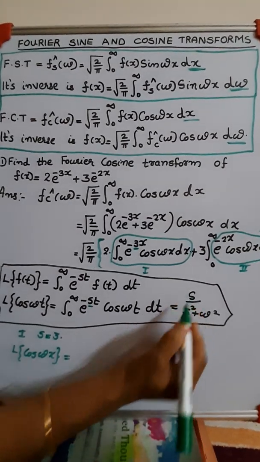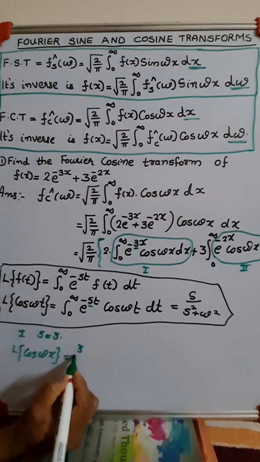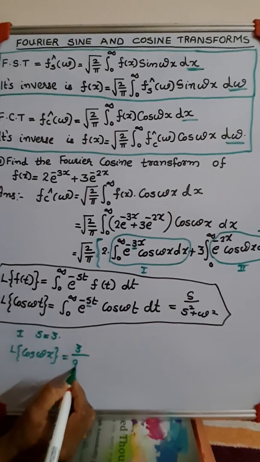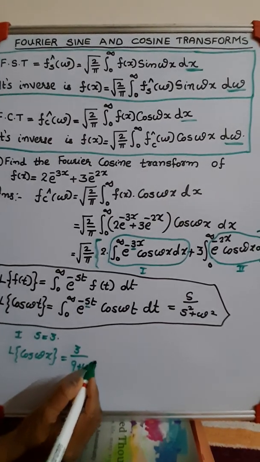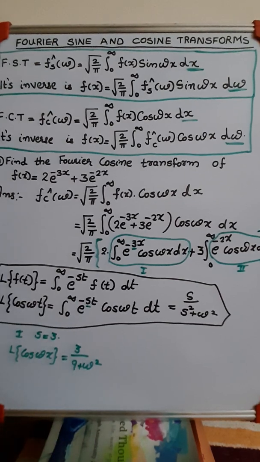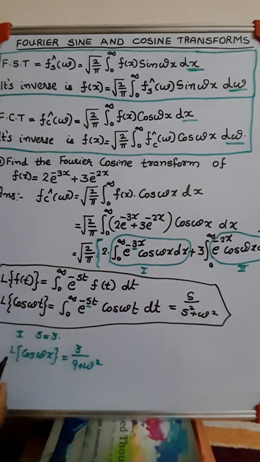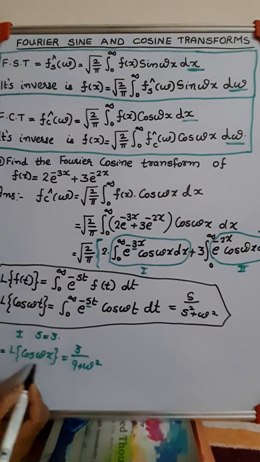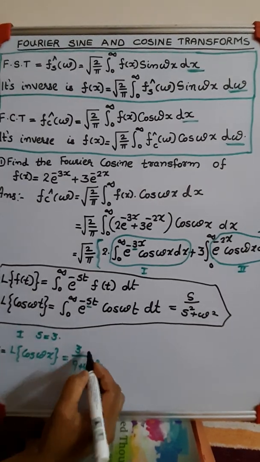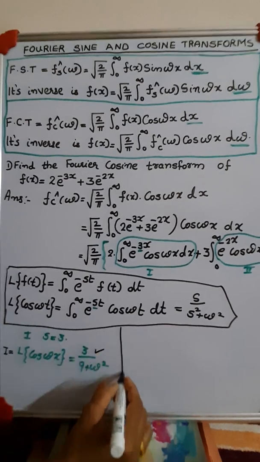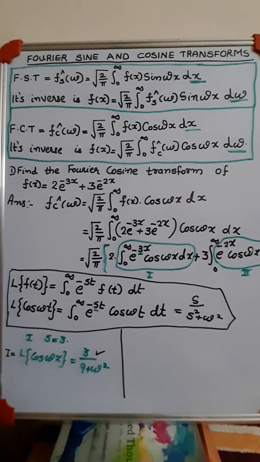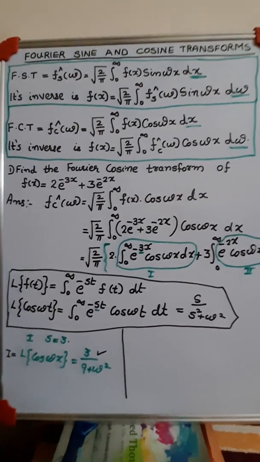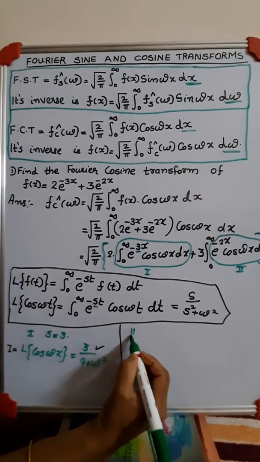We substitute the value of s, that is 3 divided by 3 square, 9, plus omega square. So the first integral is 3 divided by 9 plus omega square.